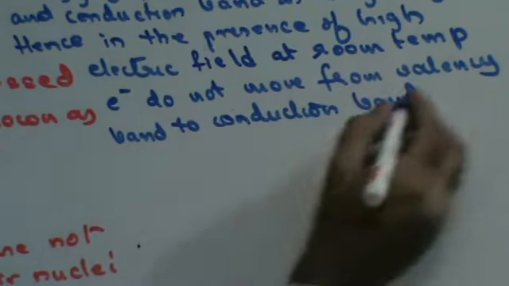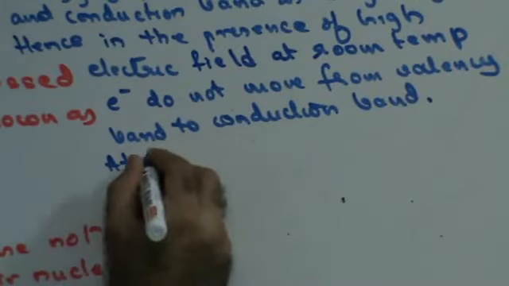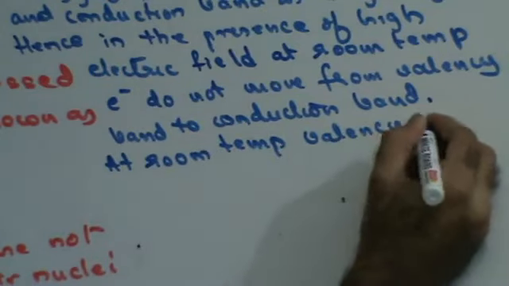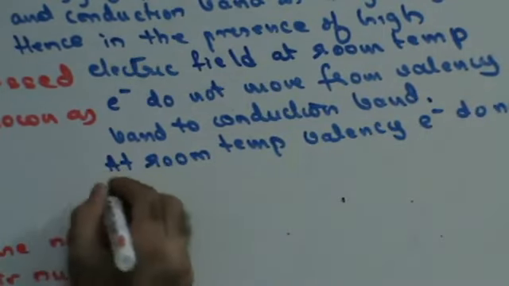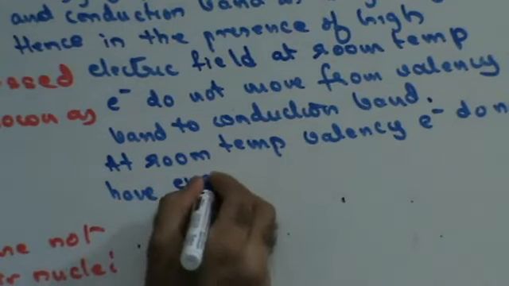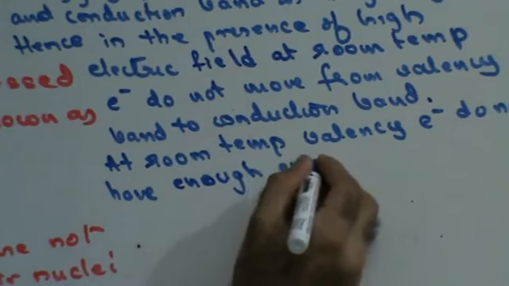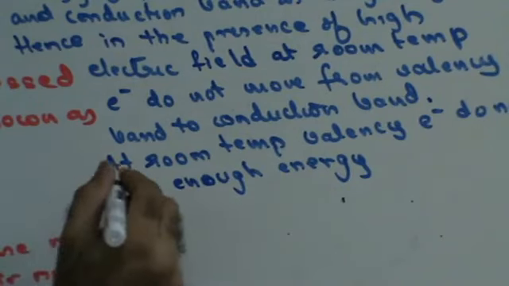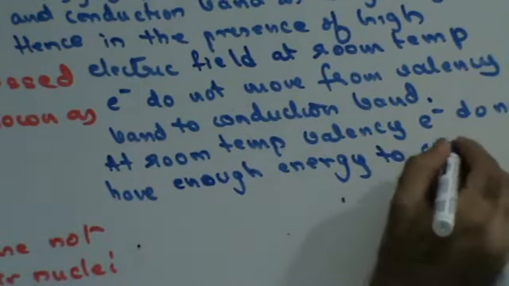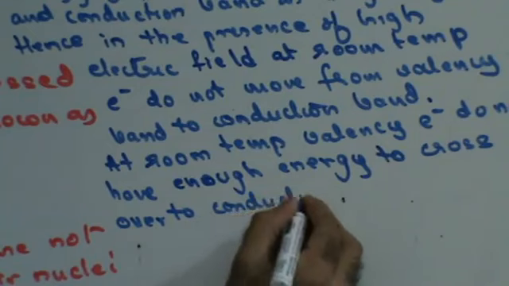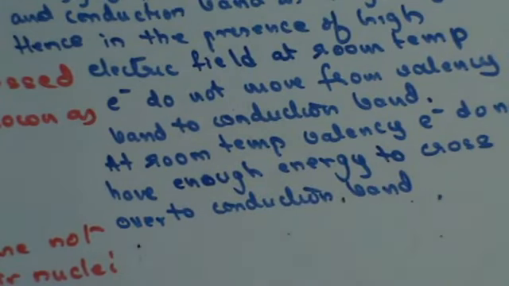So I can say that at room temperature, valency electrons do not have enough energy to cross over to conduction band.